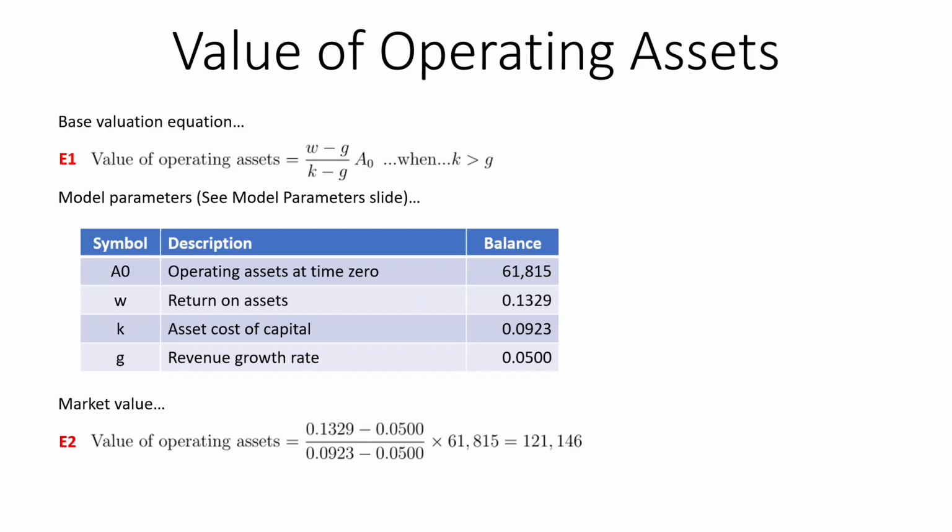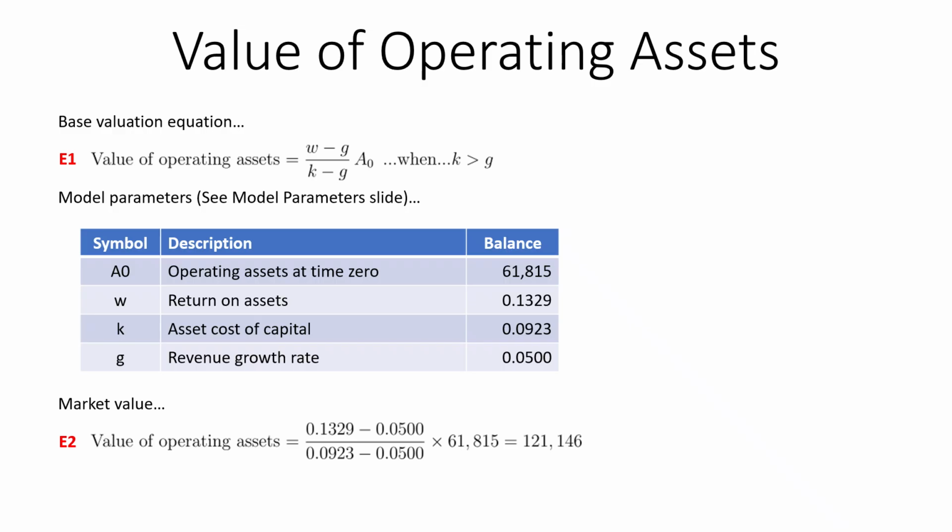The next item up to value is operating assets, and remember that operating assets we defined as the assets needed to run our business. In other words, if Costco has a revenue base of X, then they're going to need an asset base of Y in order to conduct business. Operating assets are comprised of things like the storefronts, their warehouses, inventory, computer systems, phone systems, desks and chairs, everything.